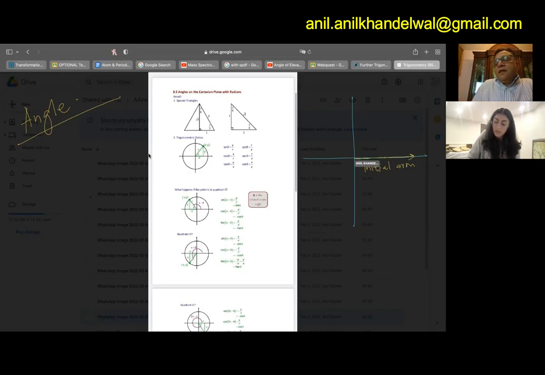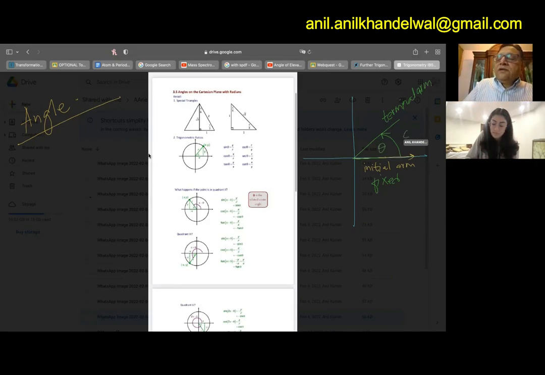Then we start opening the other arm, keeping the initial arm fixed. The arm we open is called the terminal arm. Oh, I remember this from grade 10. Yeah. Wherever you stop opening, that is the position of the terminal arm. And the angle is called theta.